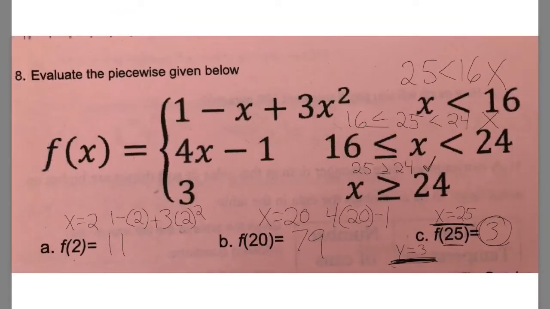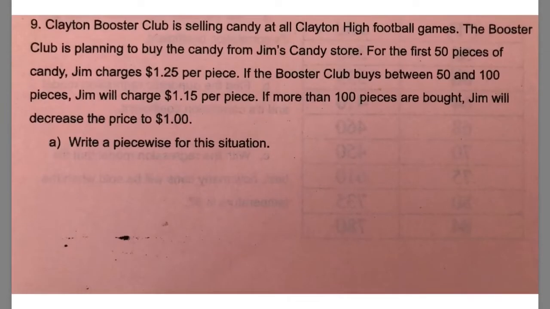Alright. So we've done 8. Let's go to 9. Number 9: Clayton Booster Club is selling candy at all Clayton High football games. The Booster Club is planning to buy the candy from Jim's Candy Store. For the first 50 pieces of candy, Jim charges $1.25 per piece.